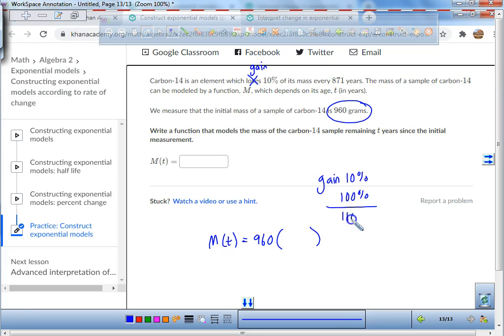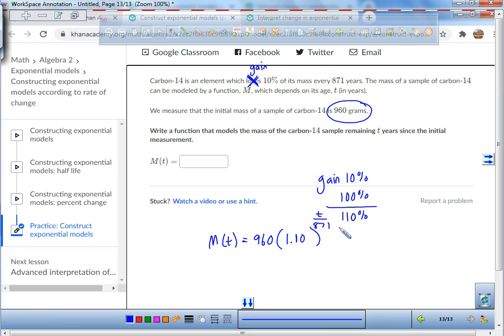That means we're at 110%. So what would be our factor? 1.10. So if you gain something, you got to add it to 100%. And then you still have to do t over that 871. So this is if we cross off the loses and somehow it gains something.